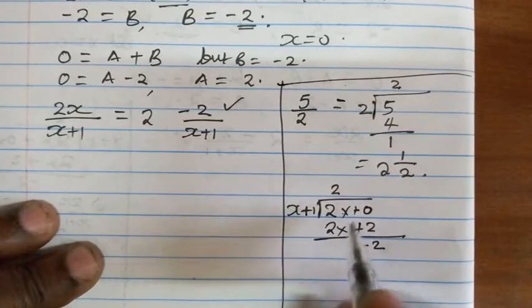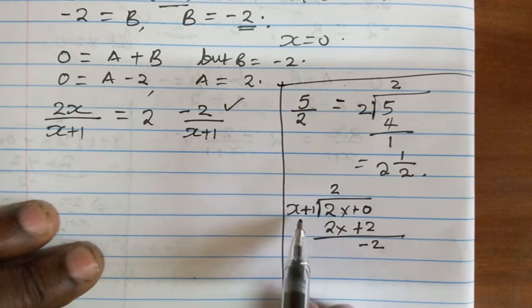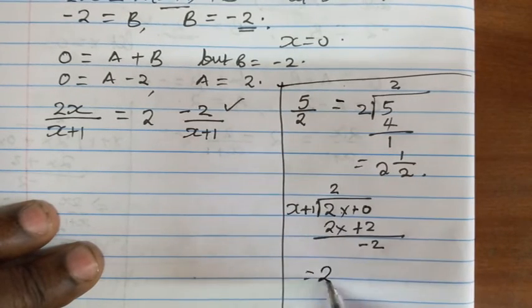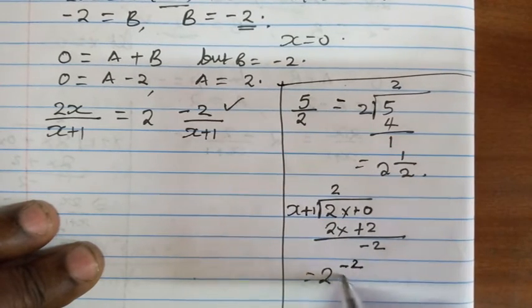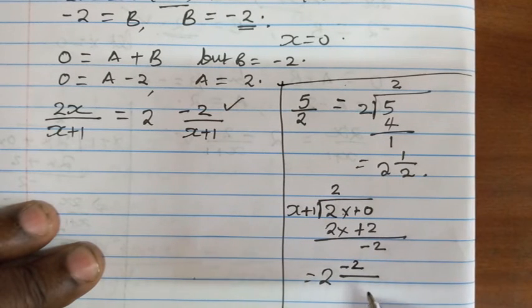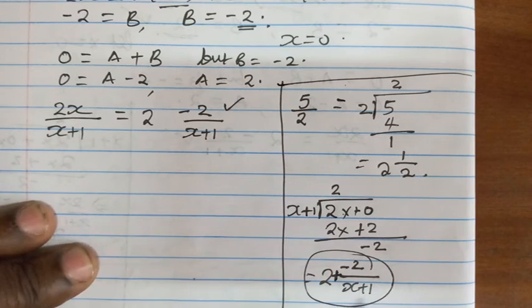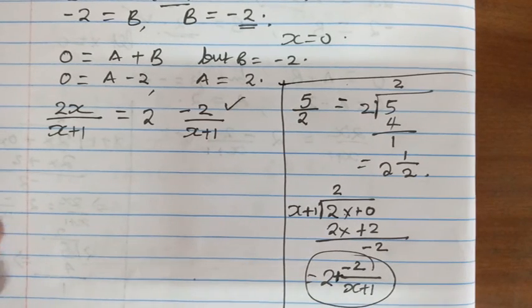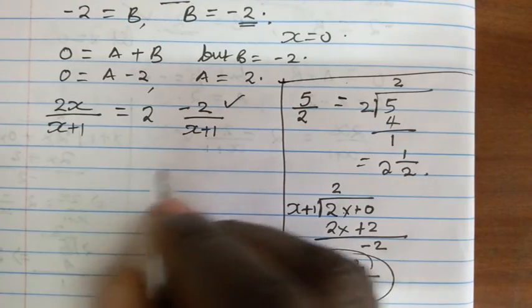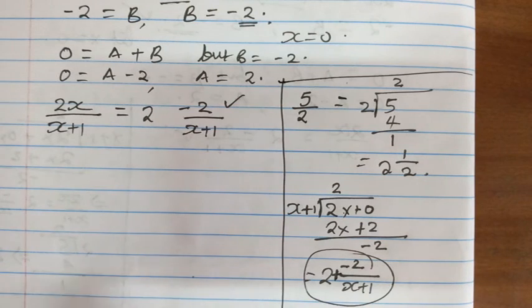So 2x divided by x plus 1 is 2 remainder minus 2 over the divisor x plus 1, which is 2 plus minus 2 over x plus 1, just like what we have here. That is it.